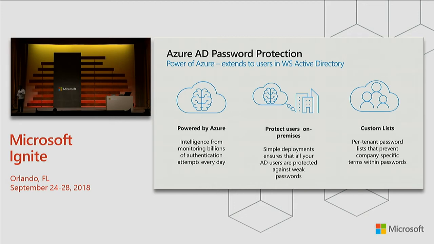So for example, if we had Ford as an organization that wanted to block common passwords, Mustang, which is a brand of Ford vehicles, essentially would be something that you want to block. So this is also something that we've added, which is saying you as a customer can go configure it up in the cloud, and then automatically any password changes will be checked.